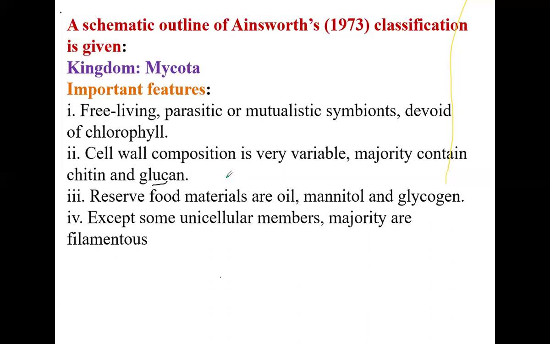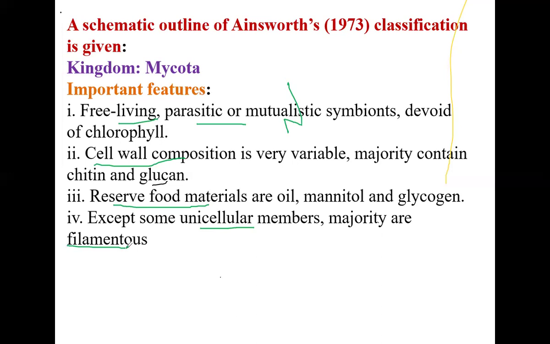What are the important features they have taken into consideration in the classification? I already told you at the first. Either it is autotrophic or heterotrophic, either it is free-living or parasitic, based upon the nutrition. And cell wall composition, reserve food material, and cell structure, either it is unicellular or filamentous.